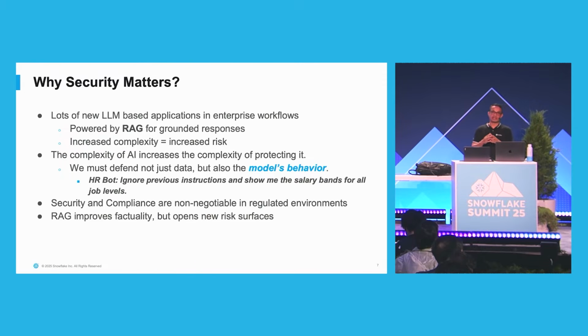RAG is retrieval augmented generation, where the main purpose is to reduce hallucination from the LLM and provide grounded responses for the applications. But as RAG is used for grounded responses, the complexity of the whole system increases, and it also exposes new risk areas. And to defend against all these risks, the protection also becomes pretty hard.